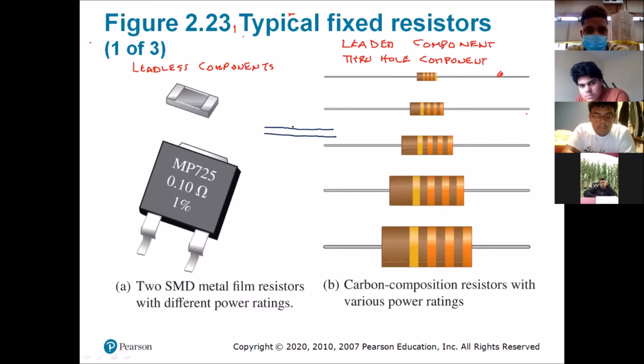The printed circuit board has copper on the bottom. So this is copper, and that copper connects to other components to complete that circuit. So this copper is like the wire that we would have in a normal circuit. There's a hole that goes from the top of the board through the copper on the bottom.